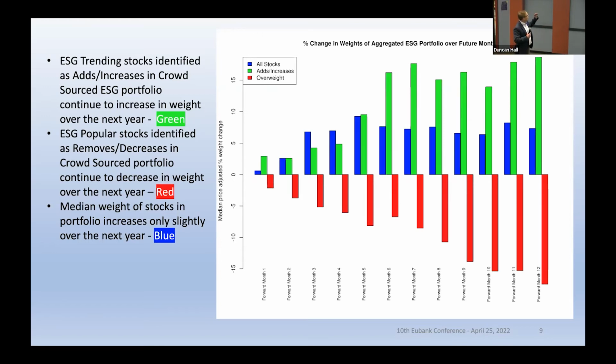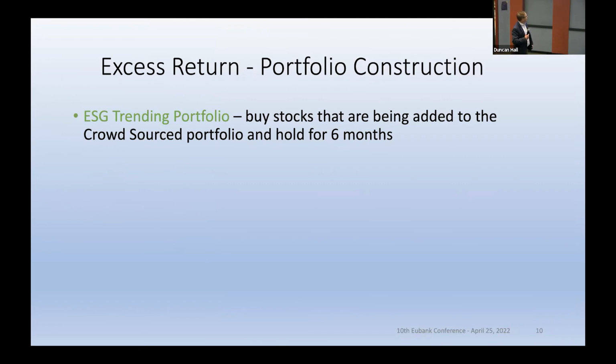The names that we've identified as being added to the crowdsourced portfolio increase 10 to 15% over the same time period. And every stock in the portfolio, the baseline, increases slightly over that period. So we've been able to predict what's being added to the portfolio and what's exiting the portfolio.